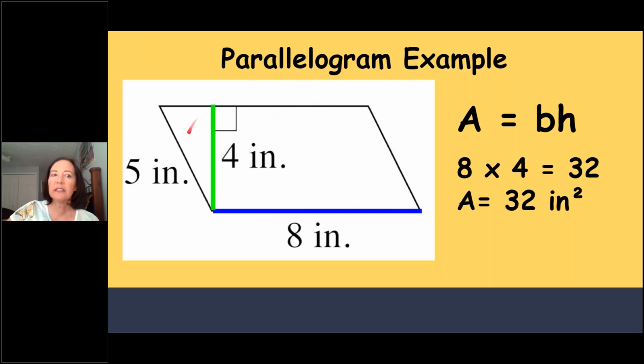Area, we're calculating the space inside the shape, and area, like I said, is always measured in square units. It is very helpful to have those formulas. So that's all we have to do. Multiply the base times the height, 32, and we know it's in inches. So the area must be inches squared.